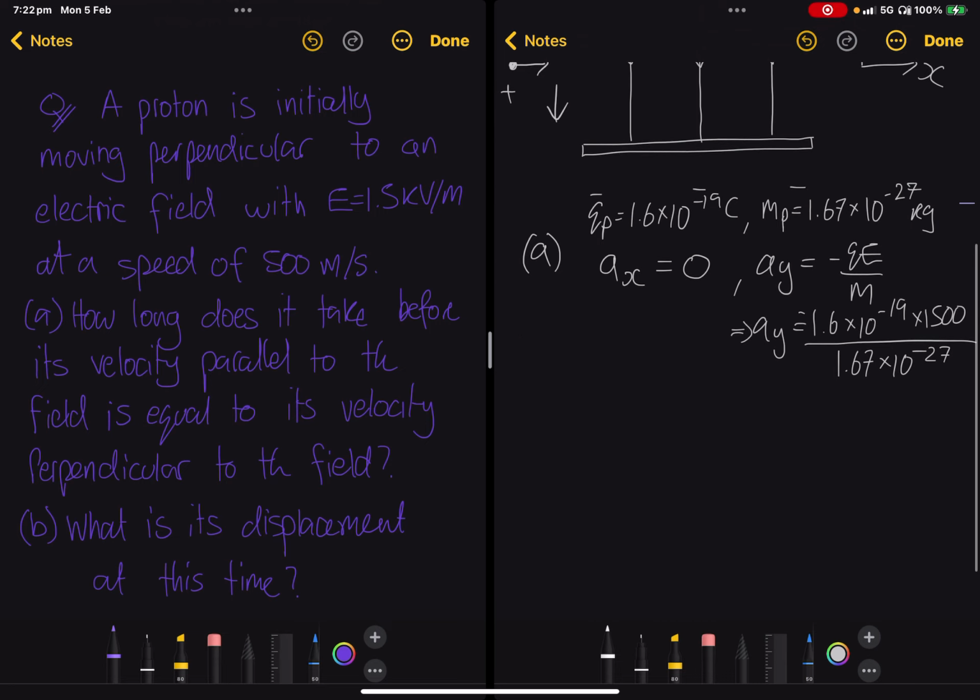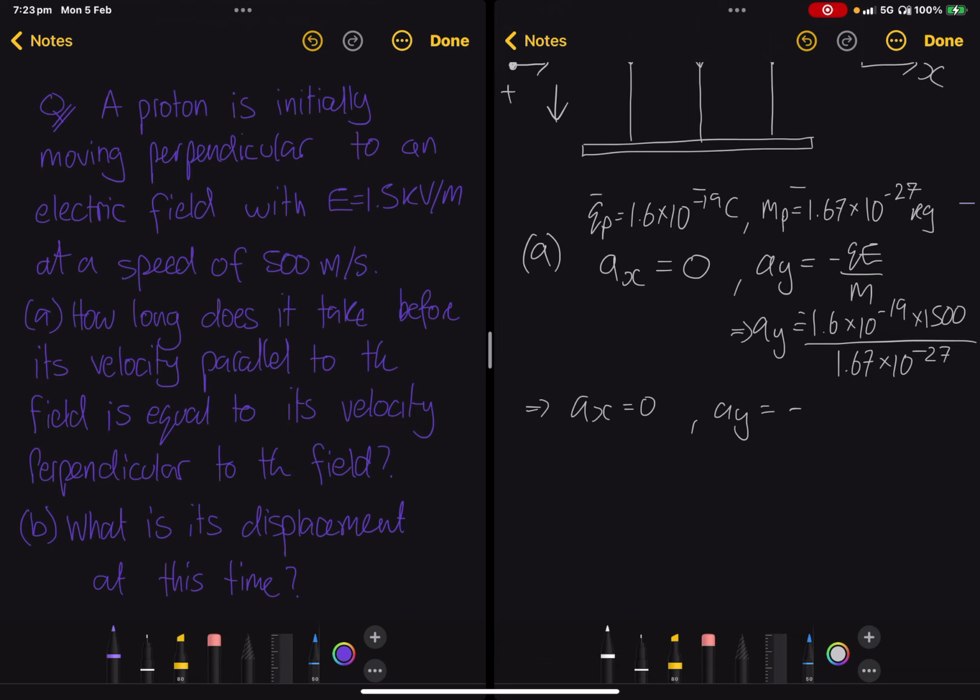So this will give us acceleration in x is 0, and acceleration in y is minus, we've just got to evaluate this expression, 1.6 times 10 to the minus 19 multiplied by 1500 divided by 1.67 times 10 to the minus 27.